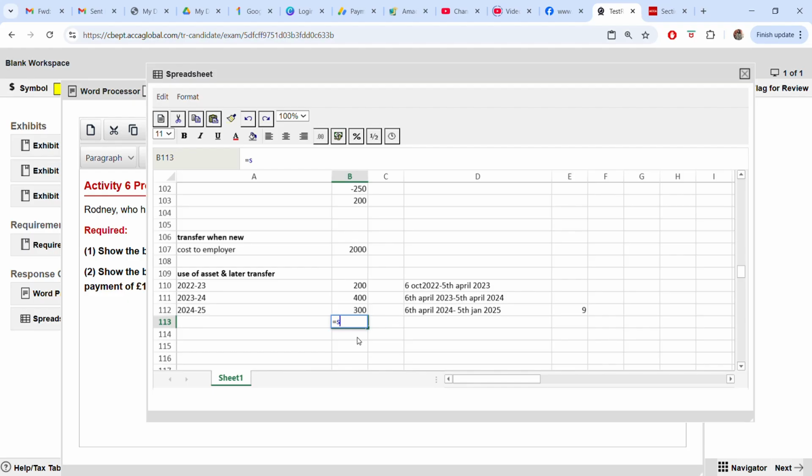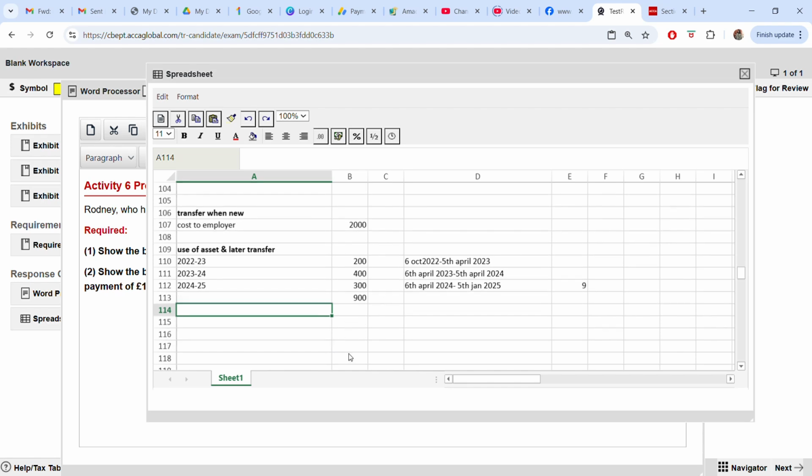Now we'll take the sum of all the three. 900. Now come into this tax year. Transfer benefit. What is the transfer benefit? We have to work out. So transfer benefit here will go working here.